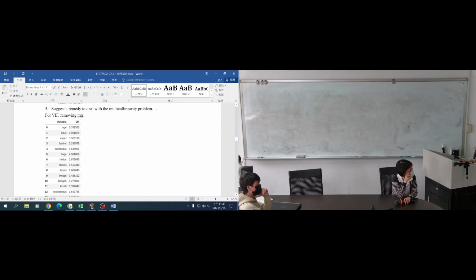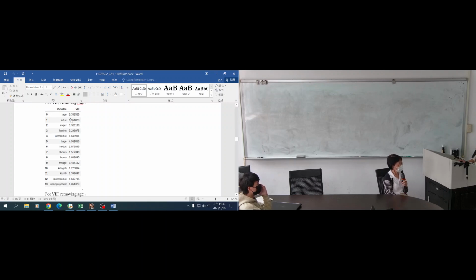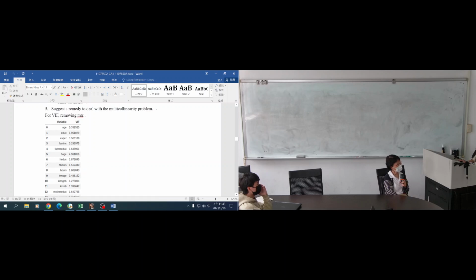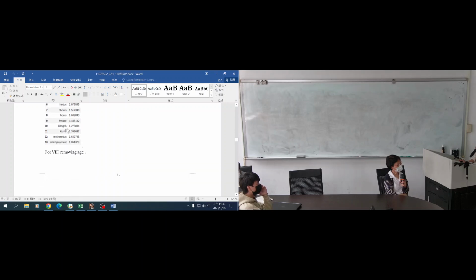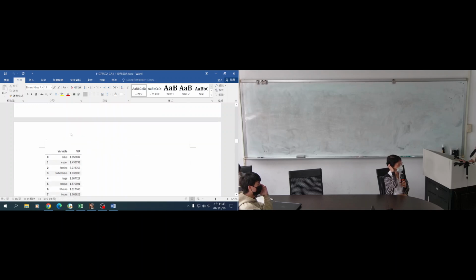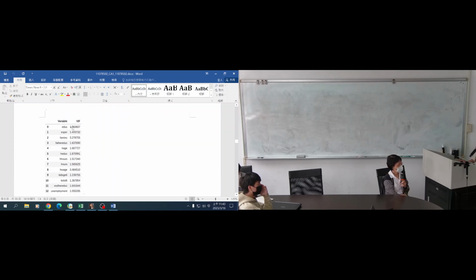By checking the VIF, I tried removing MTR first because it has the highest. The VIF of the other explanatory variables got lower, but age is still higher than 5. So I tried to remove age, and when I removed age, all were lower than 5.